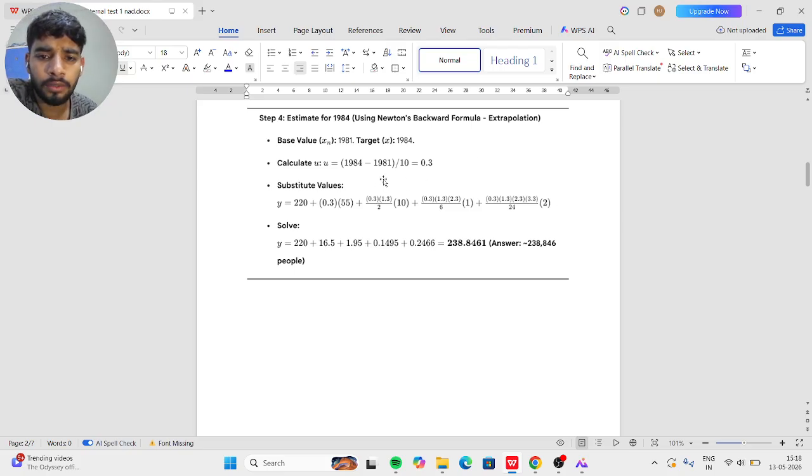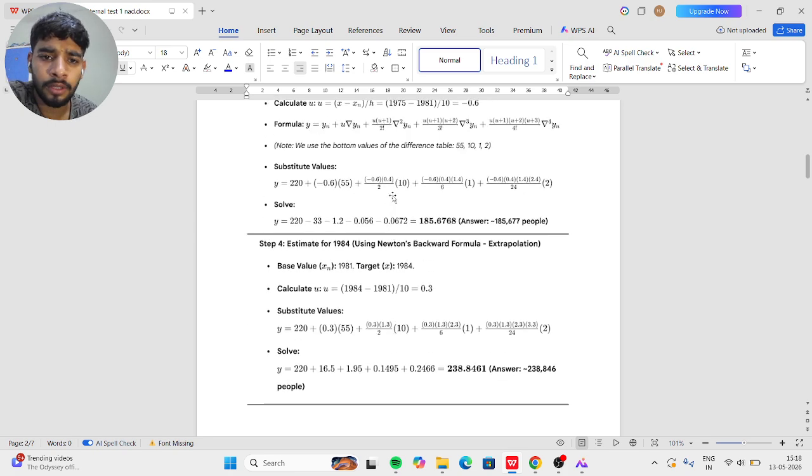We calculate the u value, and so then y equals 220. Substitute the values of yn and all the formula we have written here.